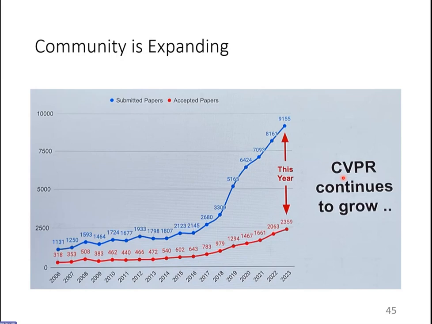You can see the trend from 2006 to 2023. The blue curve is the number of submissions, and the red curve is the number of accepted papers. It keeps growing, which means there are more and more researchers joining the computer vision community.